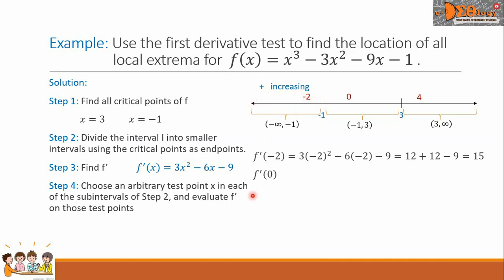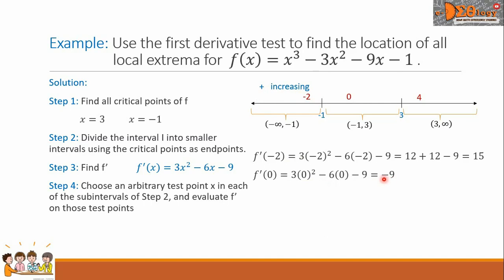Next is the f prime of 0. This is equal to 3 times 0 squared minus 6 times 0 minus 9. We can simplify this into -9. We are more concerned here about the sign of the 9. So this is negative.